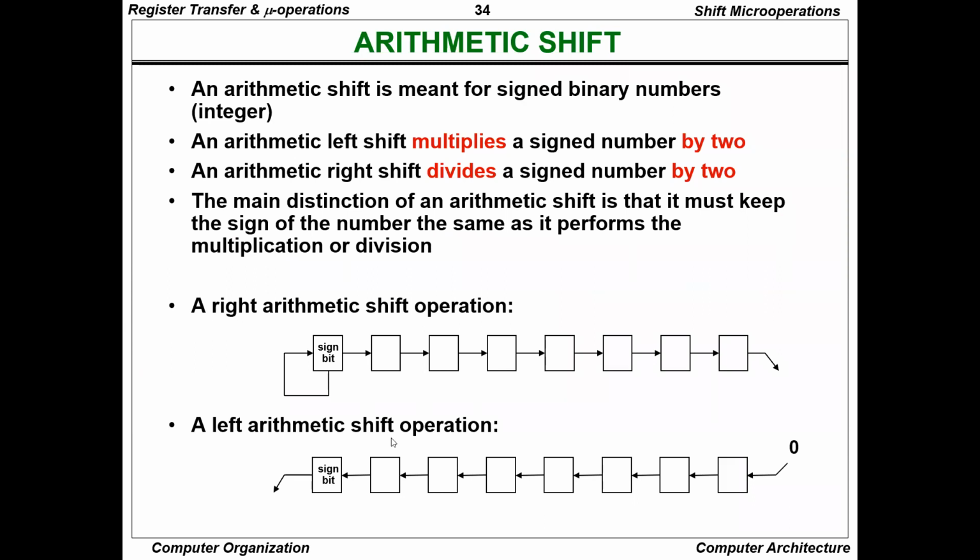Let me give you an example. This is your right shift and this is your left shift। ठीक है, तो हम क्या करते हैं, यहाँ पर आपको बहुत ध्यान से देखना है कि क्या चीज़ इनपुट आ रही है और कौन सी चीज़ बाहर जा रही है, right? So from here you will be able to understand how the shifting is actually taking place.